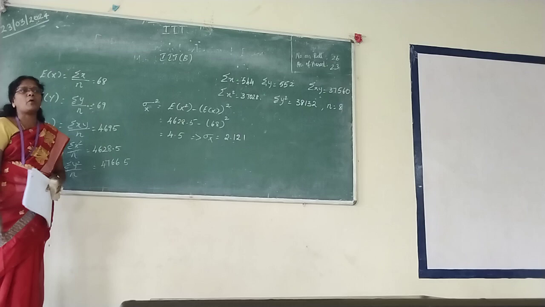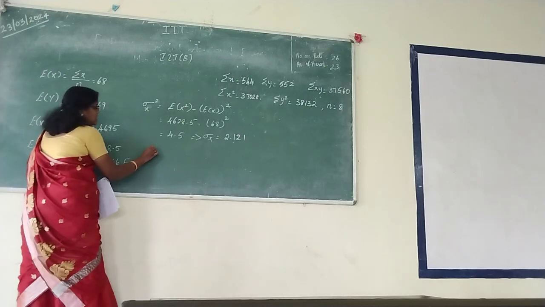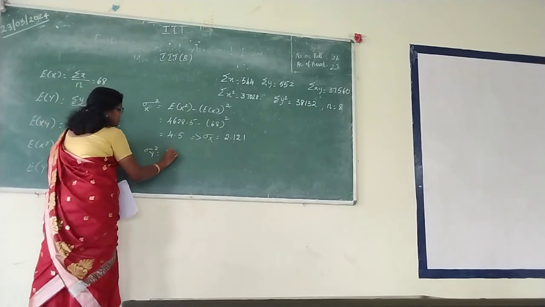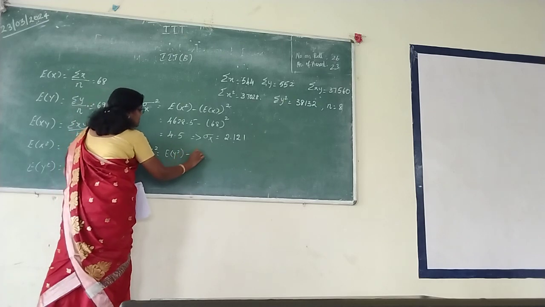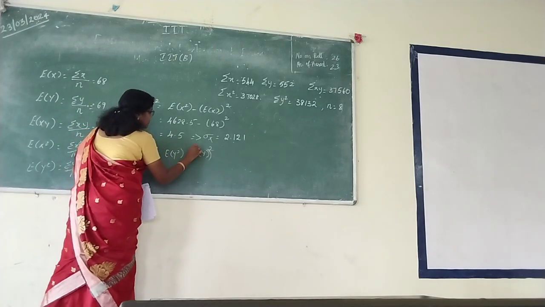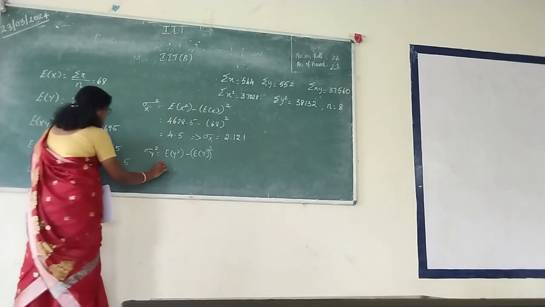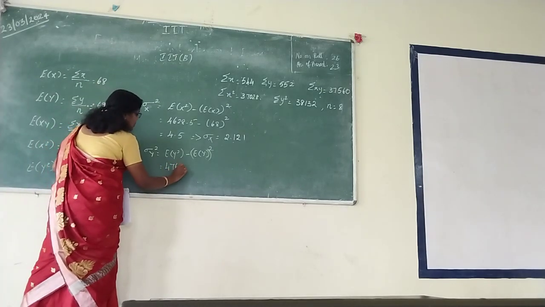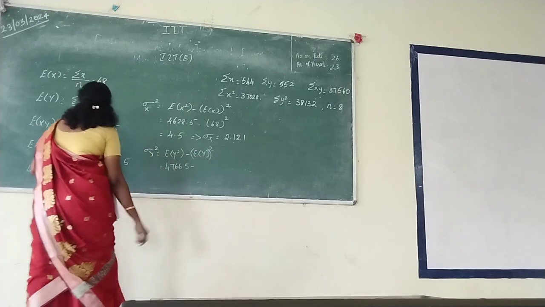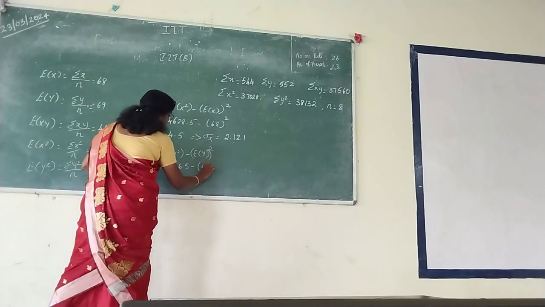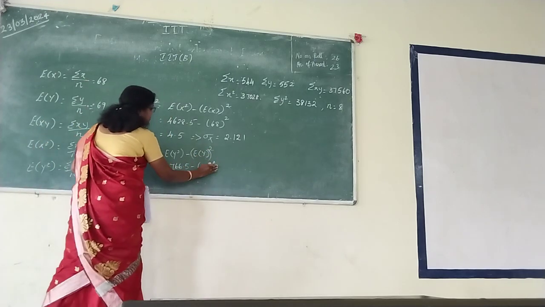Now find sigma y square. Sigma y square is equal to E of y square minus E of y the whole square. E of y square is 4766.5 minus E of y, which is 69, the whole square.